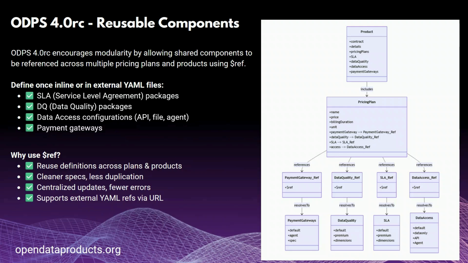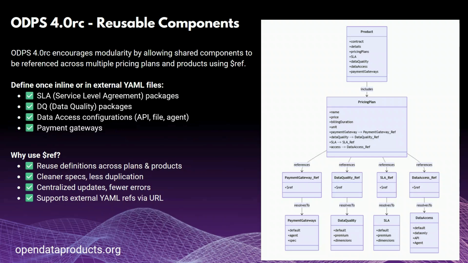We'll look into the profile concept a bit later, but then you reference these profiles, for example, from the pricing plans. This results in reusing the definitions across different plans, but also across different data products. It results in a cleaner specification and less duplication. It enables centralized updates.